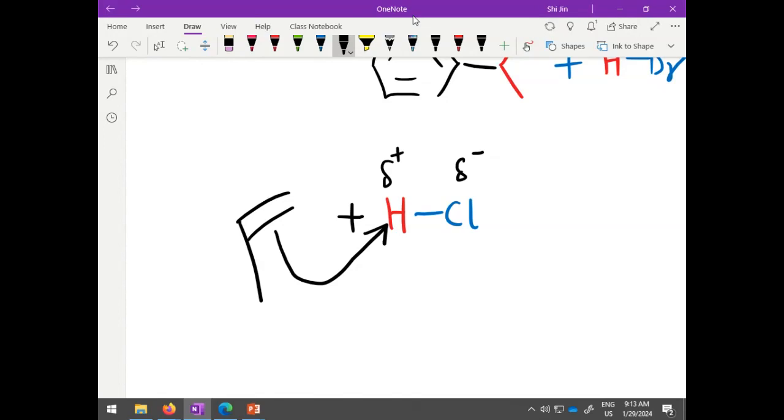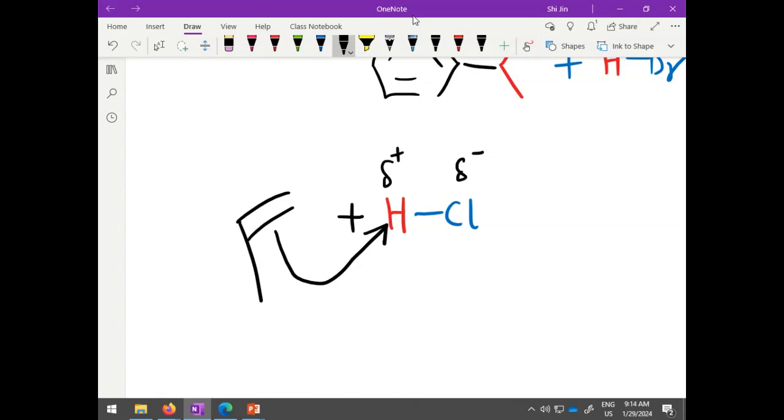So it will attack the positively polarized hydrogen. This attractive force between the negatively charged electrons and the positively polarized atom is often the major reason why two organic compounds can react.